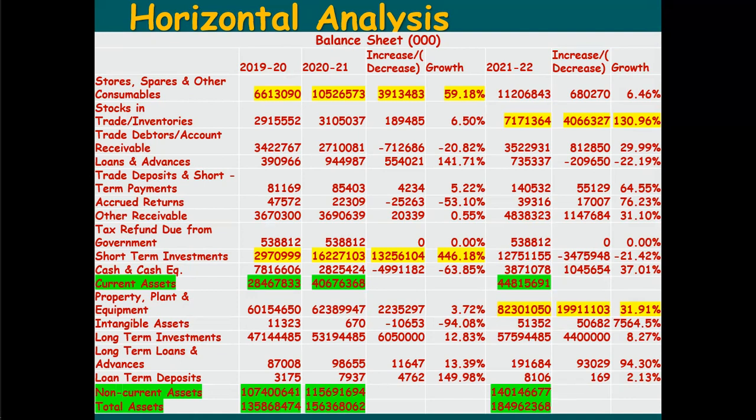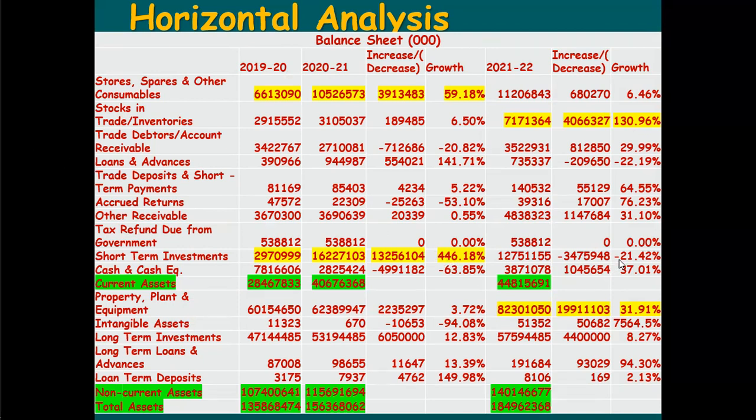Loans and advances, yes, in the first 2 years there is a growth of 142%, but thereafter there is a decrease of 22%, maybe because of repayment of the loan. In case of assets, current assets, you can observe a growth of 446% in investments.